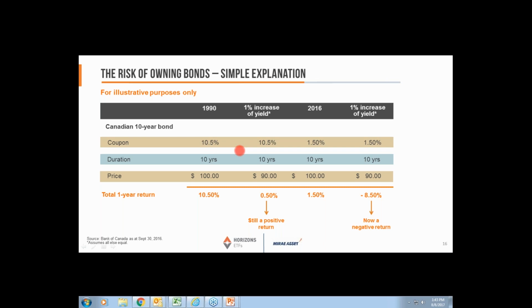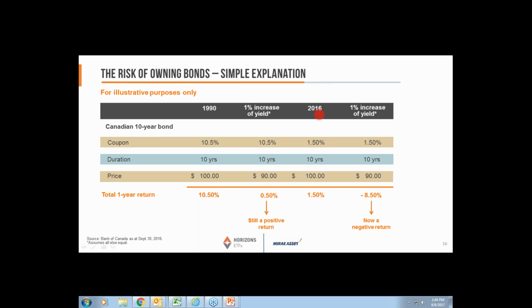If I saw a 1% rise in yield, with a duration of 10 years, you lost about 10%. But because you were earning 10.5% on the coupon, you still had a positive return. That was the benefit of the high yield: it offset what we call duration risk.